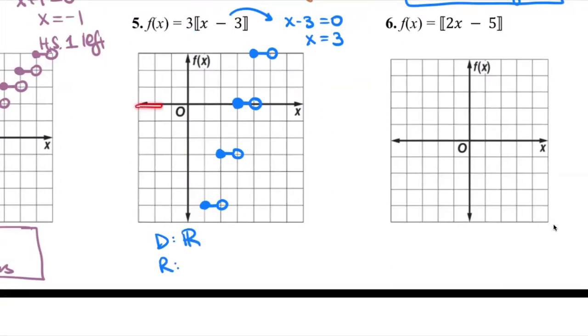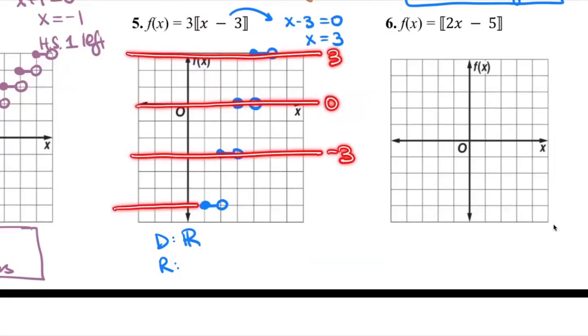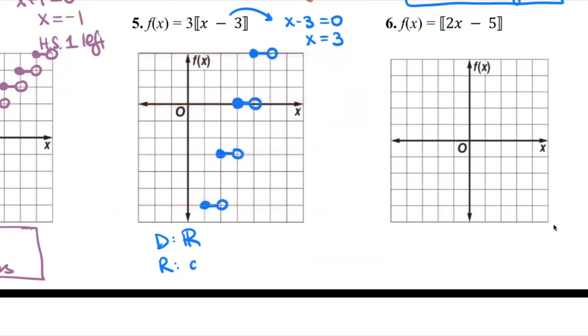Range, I'm hitting 0, 3. I have graph at -3 and -6. All right, so it looks like just integer multiples of 3 is how I would describe that. So all integer multiples of 3.